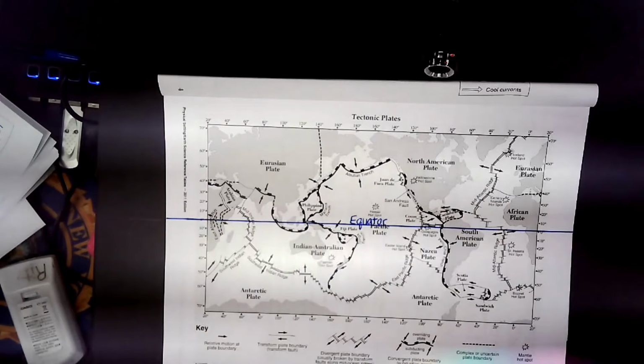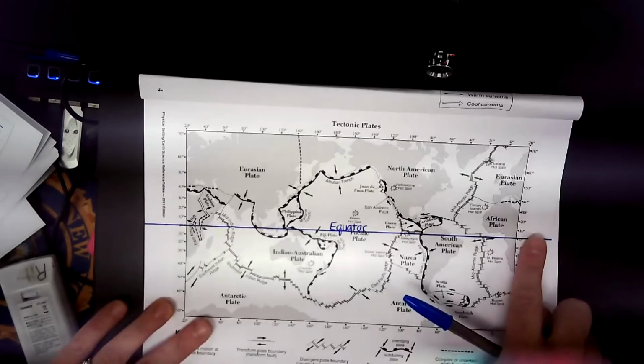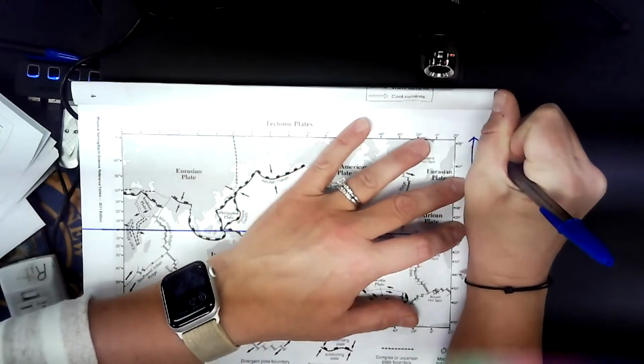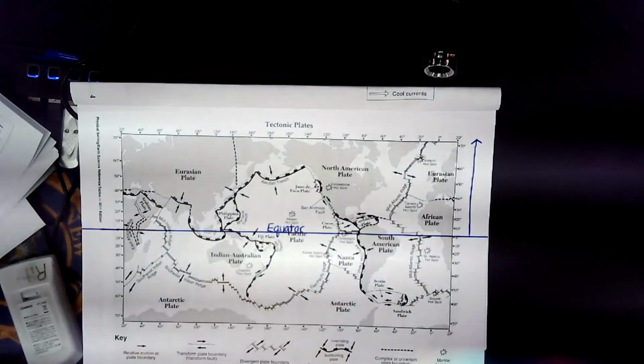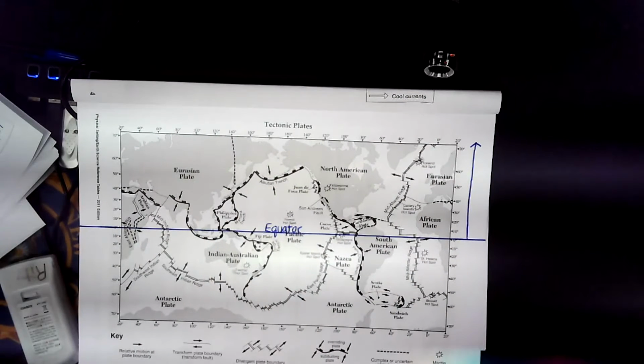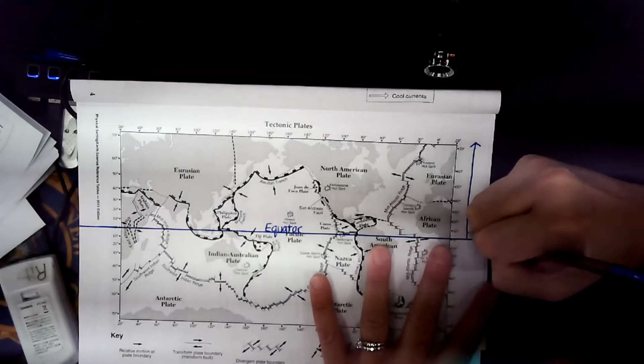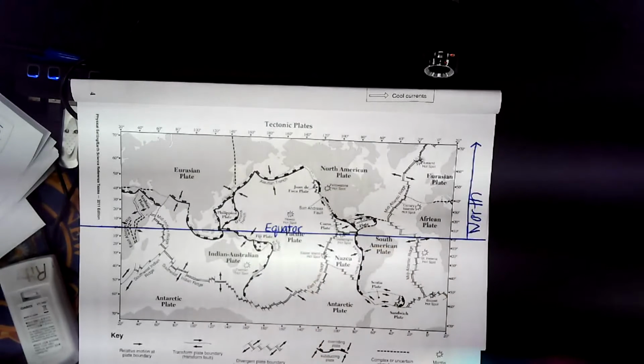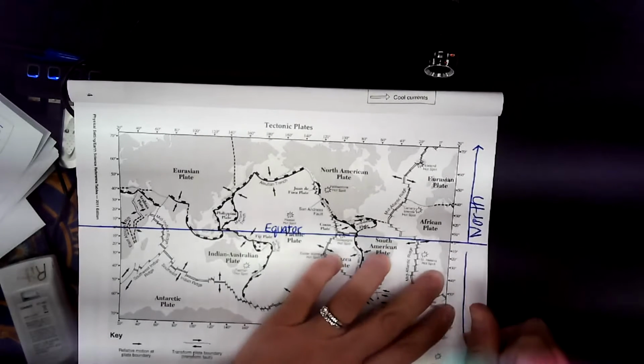And then remember that lines of latitude measure how far north or south of the equator you are. So over here on the right, I'd like you to draw an arrow up from the equator to the top of the map. Anything up there is going to be north. So anything above the equator is north. And I'm going to do the opposite of that.